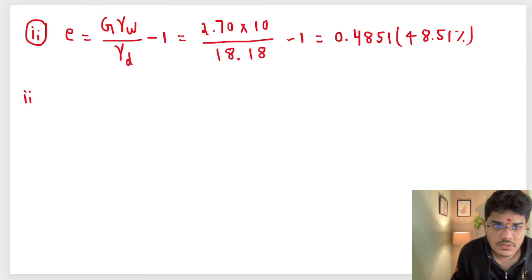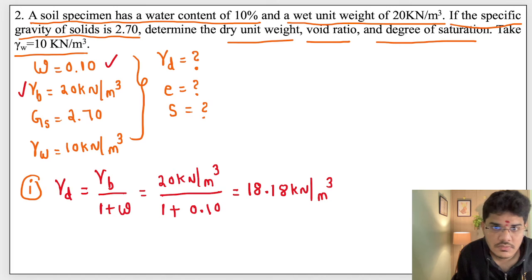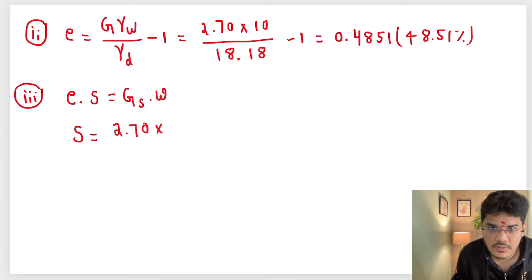Okay, so e also we have found out, and next one is S, the degree of saturation. We know that e into S is equal to Gs into W. So degree of saturation is equal to 2.70 into the water content, 0.10, divided by e, which we just calculated as 0.4851.